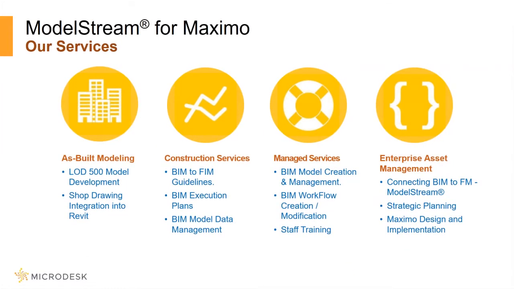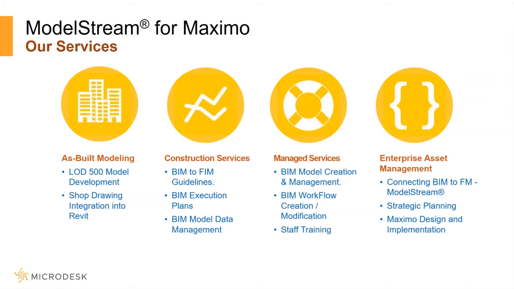And then our services that we offer: construction services, managed services, all the way through enterprise asset management. And this is really where we cover the entire lifespan of an asset, of the facility, was detailed as LOD 500 model development.